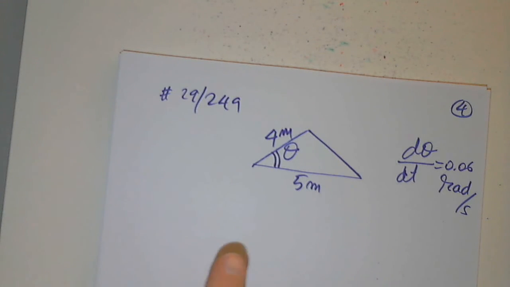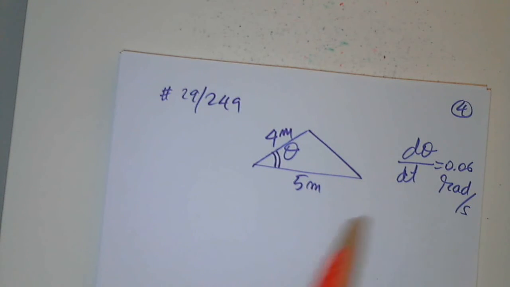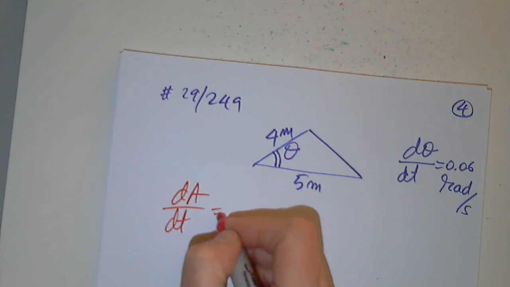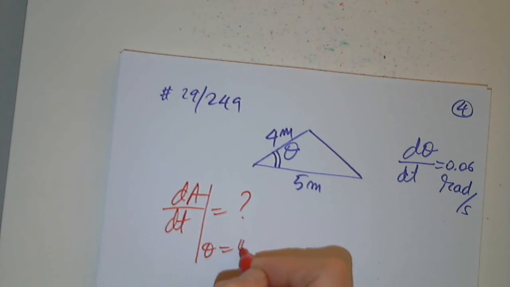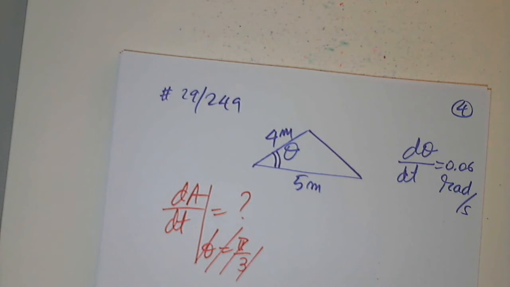Two sides of a triangle are of length 4 and 5 meters, respectively, and the angle between them is increasing at this rate. Find the rate at which the area of the triangle is increasing. You already told me. Find dA over dt when theta equals pi over 3, which cannot be taken into account just yet. Don't even look at it. It's there because I want to put the book aside, but otherwise it will not mean anything. Okay?